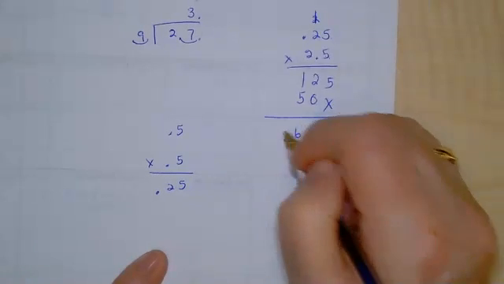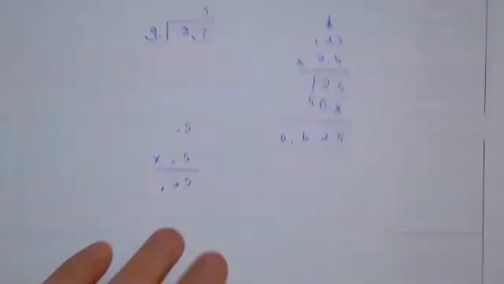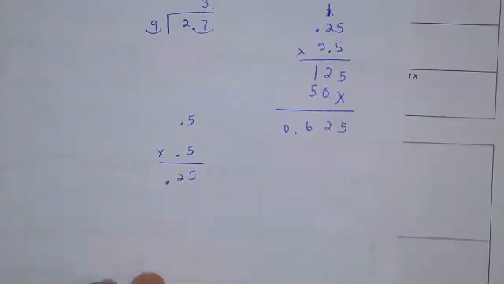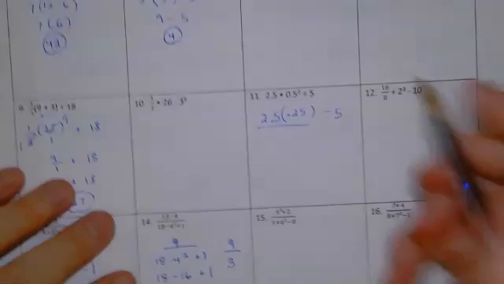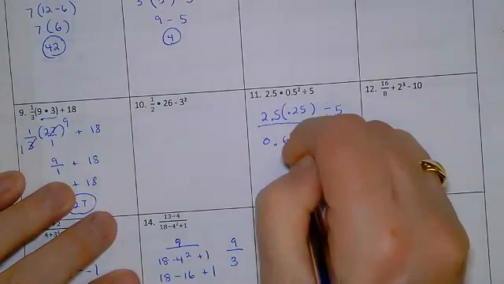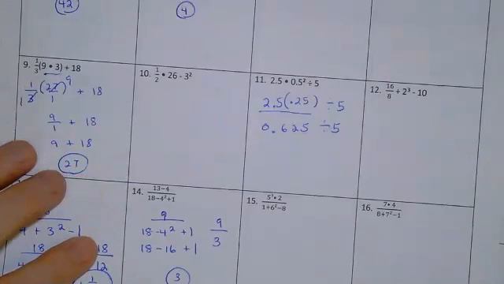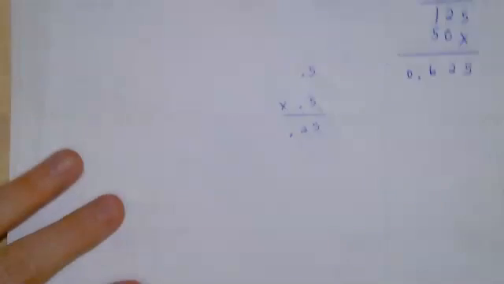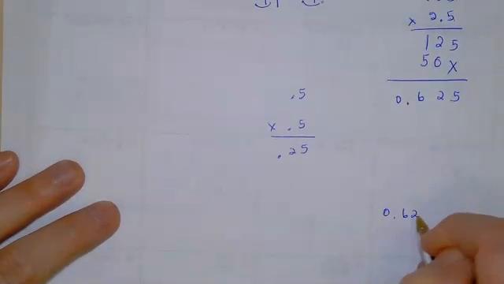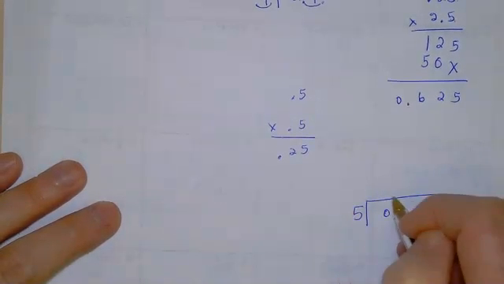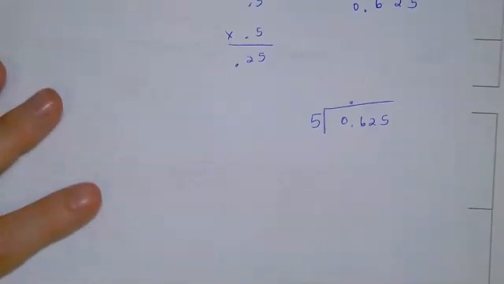And 3 numbers behind the decimal is exactly right. 0.625 divided by 5. And right there's how you're going to do that.